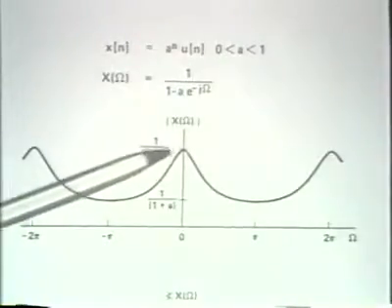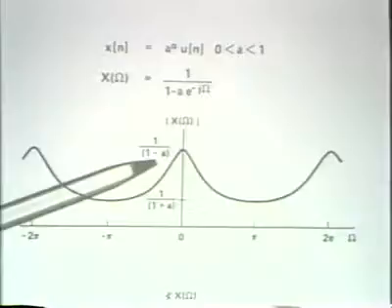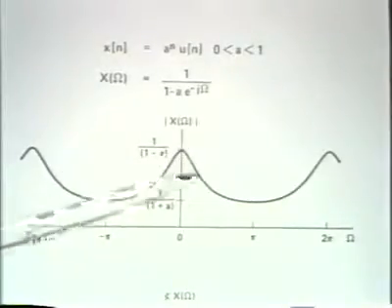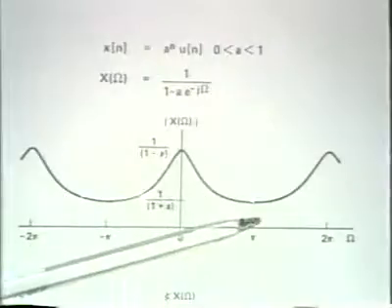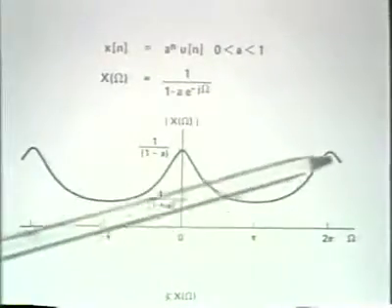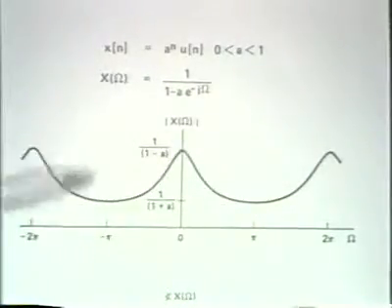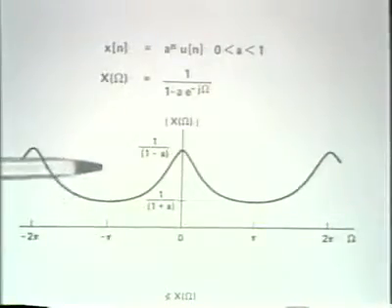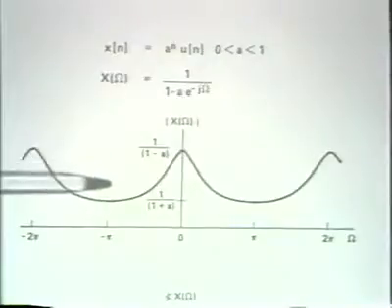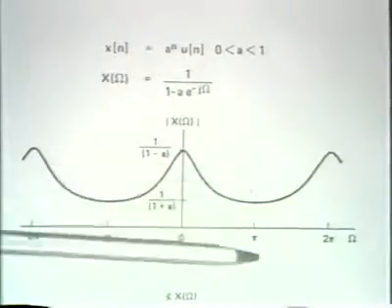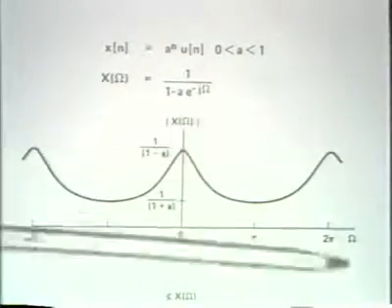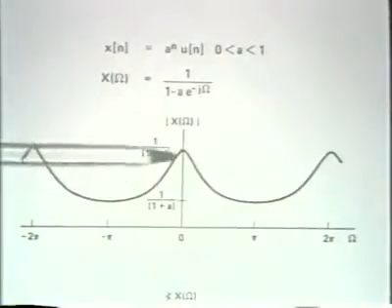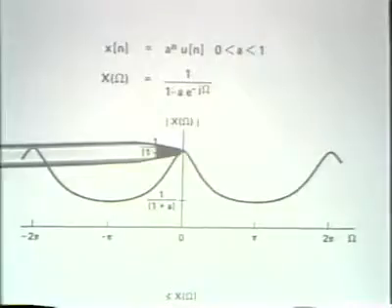For the particular values of a that I picked, namely between 0 and 1, it's larger at the origin than it is at pi. And then, of course, it is periodic, and the periodicity is inherent in the Fourier transform in discrete time. So we really might only need to look at this either from minus pi to pi or from 0 to 2 pi. The periodicity would imply what the rest of this is for other values of omega.